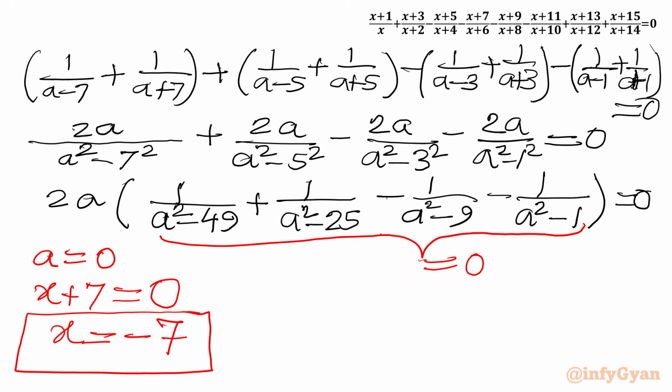Now we have to solve this bracket equation. So let us assume a square equal to u. I can write 1 over u minus 49 plus 1 over u minus 25, and club the first and last term together.